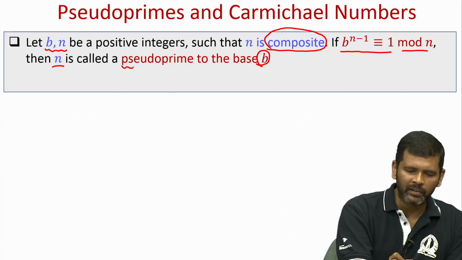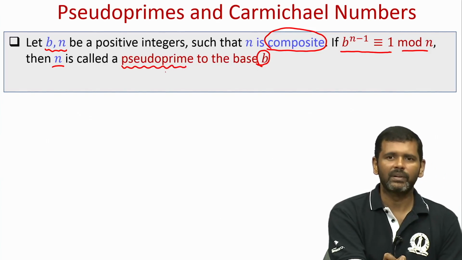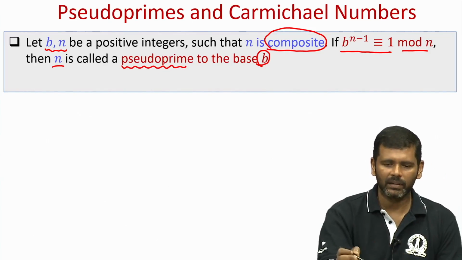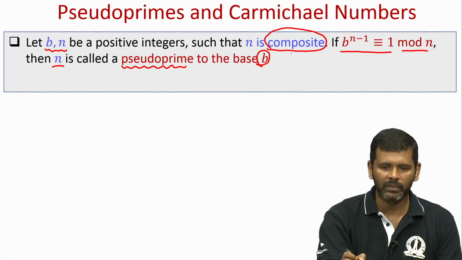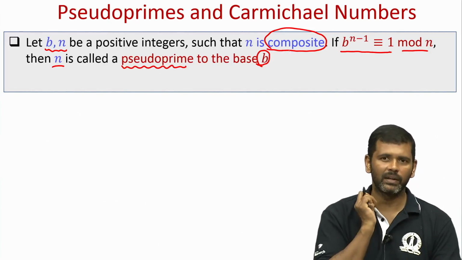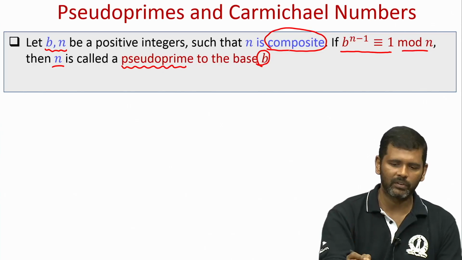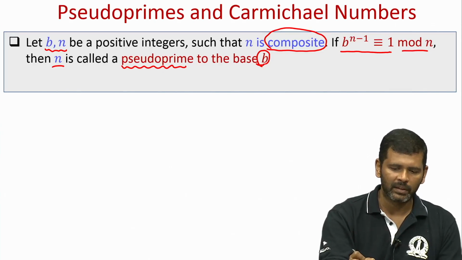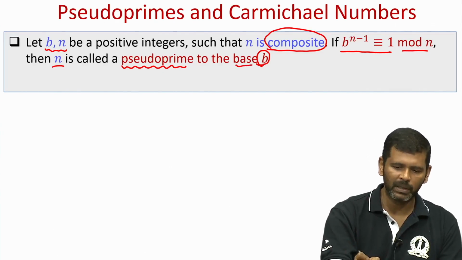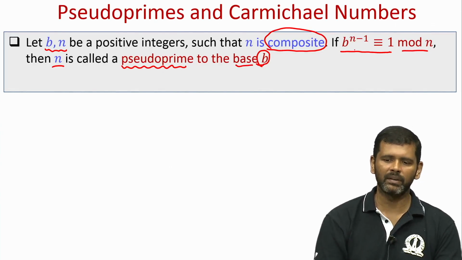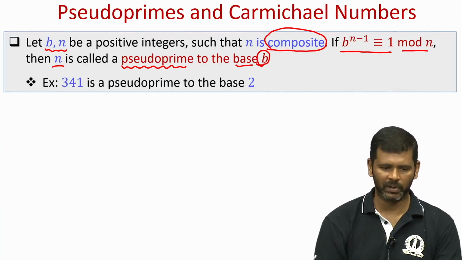Why am I calling it pseudo prime? Because it is a false prime. In the sense, even though my n is composite, it satisfies the condition of Fermat's little theorem with respect to the integer b. That is why I am calling it base b, because b is appearing in the base and n minus 1 is appearing in the exponent.